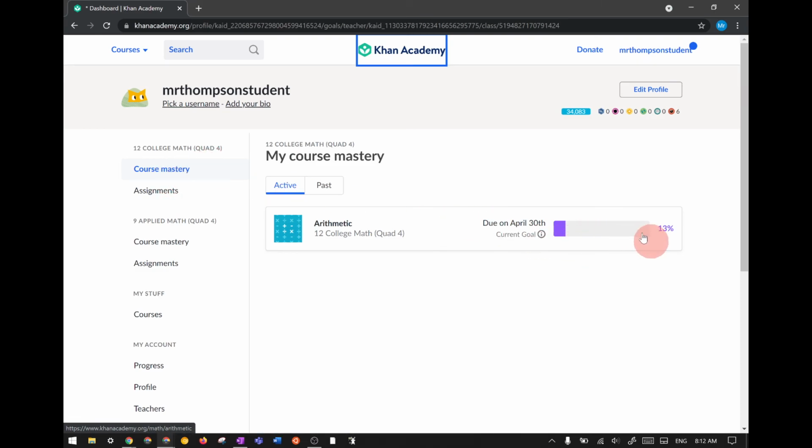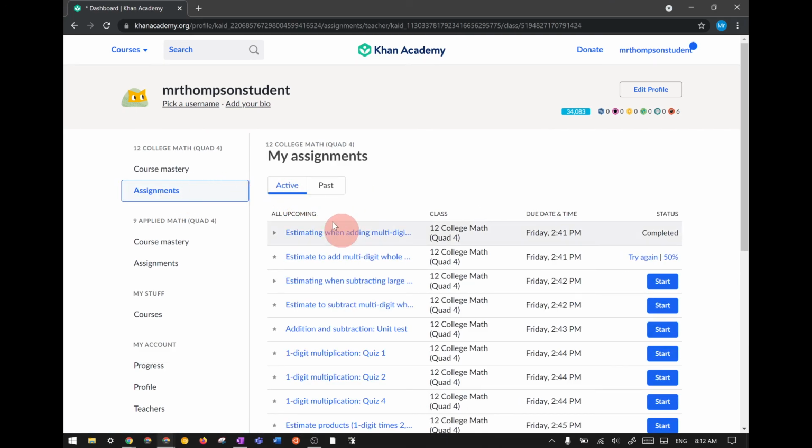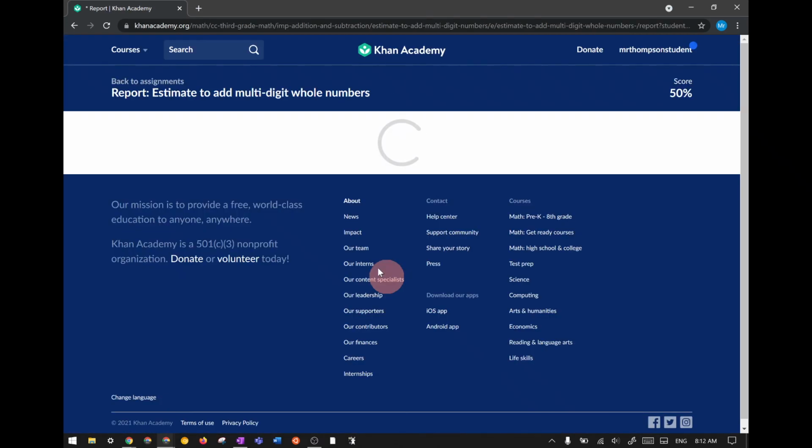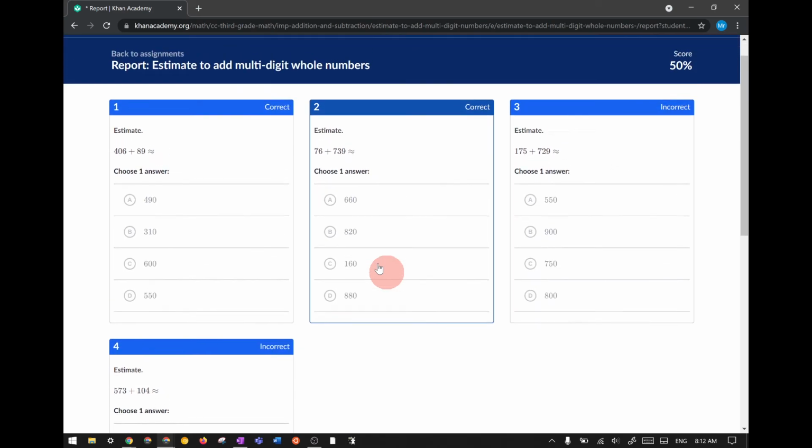You want to get this as close to 100% as possible. But if you click on the Assignments here, you will actually see the exercise that we just did. You can see your score and actually look at the questions that you got wrong, which ones gave you trouble.